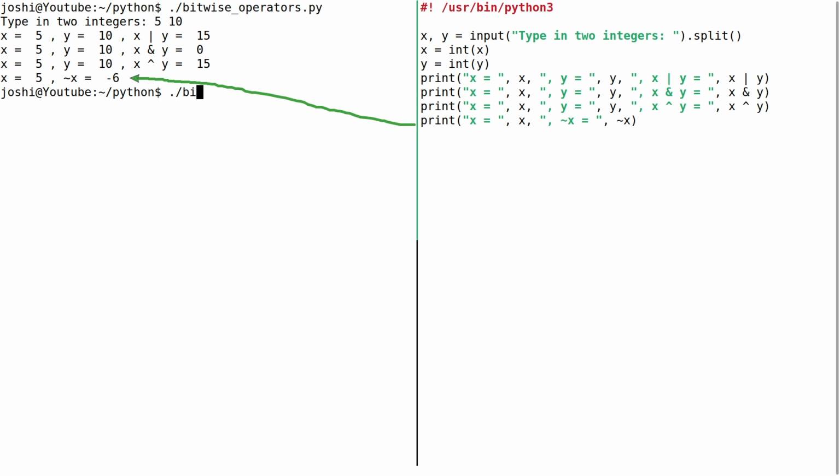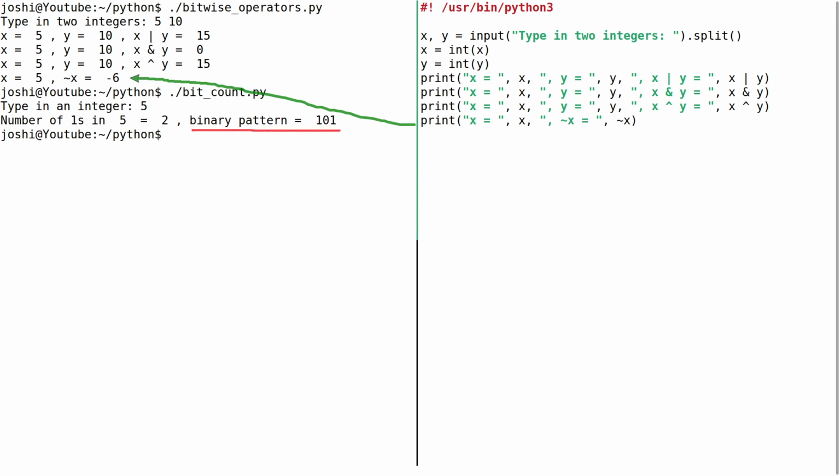I have written one more script. So if I type 5, what does it do? It says there are two ones, and Python processes negative numbers slightly differently than C and C++. Here it does not print all those leading zeros as is done in C and C++, because the size of an integer is fixed under the implementation there.